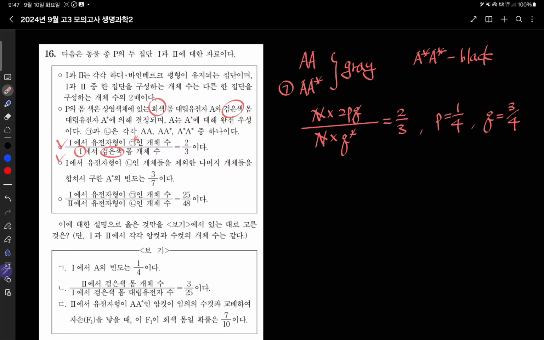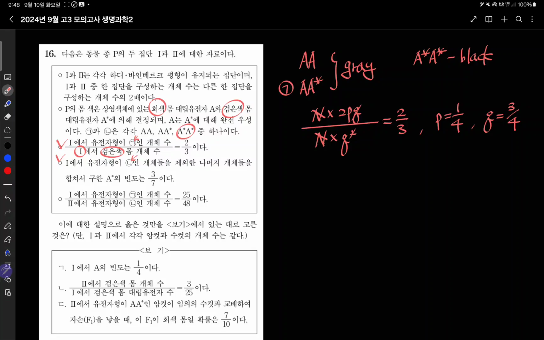And for the second statement, because this ratio is less than 1/2, it is likely that the second genotype is A asterisk homozygote.